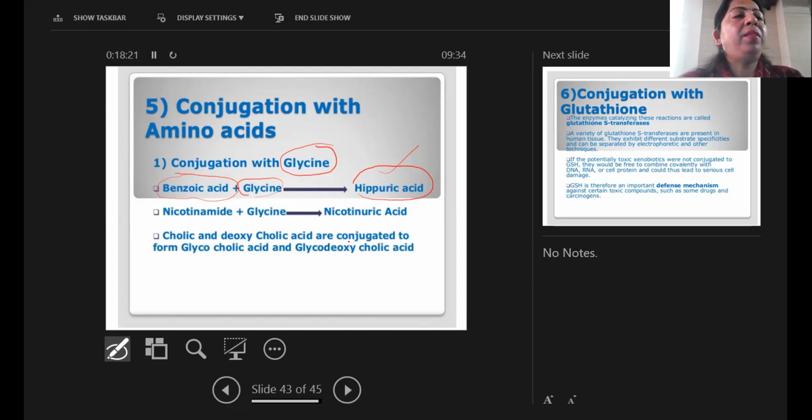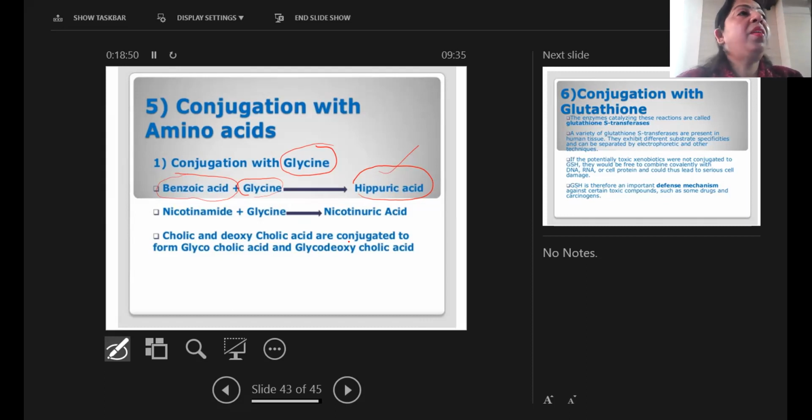I taught you when I was discussing cholesterol and its derivatives, the products derived from cholesterol. So cholic acid and deoxycholic acid, what are these? These are bile salts. Remember, you're not going to forget the things which were taught previously.